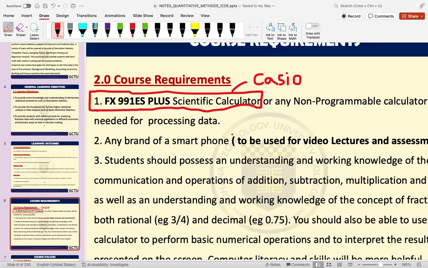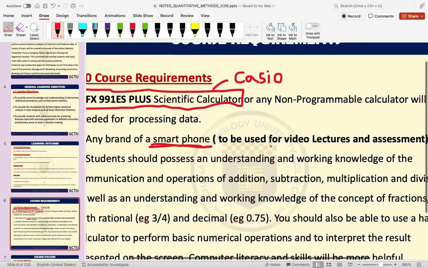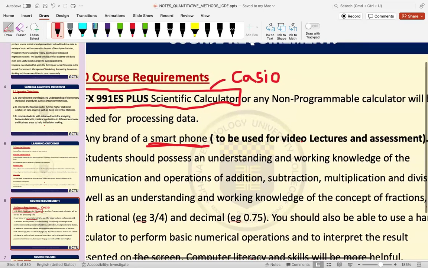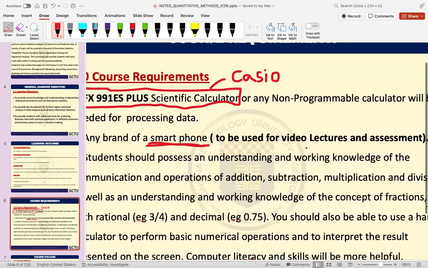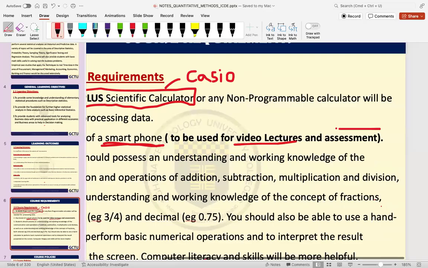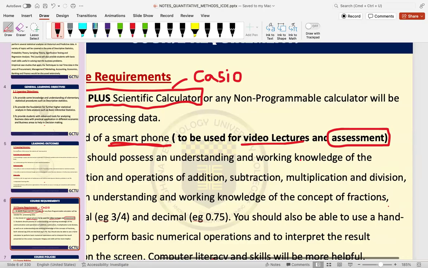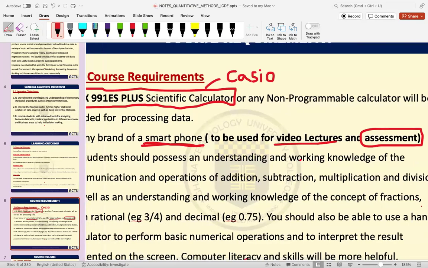And then, of course, once you are connected to me, it means you have a smartphone. If you are connecting with your smartphone, because that's what you are going to use for your lectures, online lectures, video lectures, and then the assessment assignments that I will mount up in the learning management system.